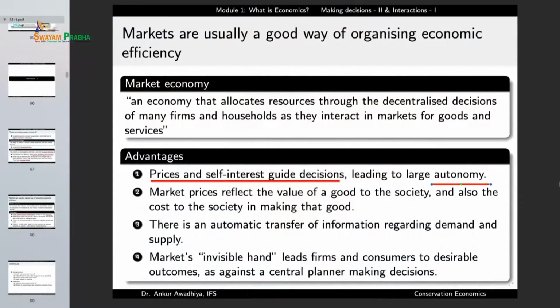So, for instance, in a command economy, the government would have to go for a survey of what people want. And with the results of that survey, the government would have decided what to produce, how much to produce. But with the market, this information passes automatically. Then we have the invisible hand that leads the firms and the consumers to the desirable outcomes.